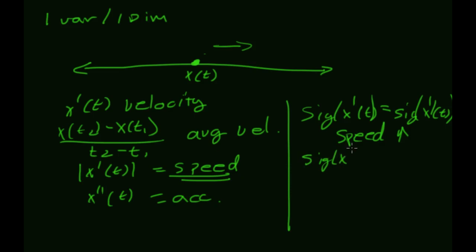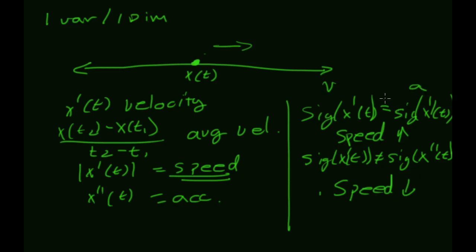If the sign of x prime of t is not equal to the sign of x double prime of t, so the acceleration and the velocity have different signs, then speed is decreasing. So: velocity and acceleration have the same sign, speed is increasing. Velocity and acceleration have different signs, speed is decreasing.